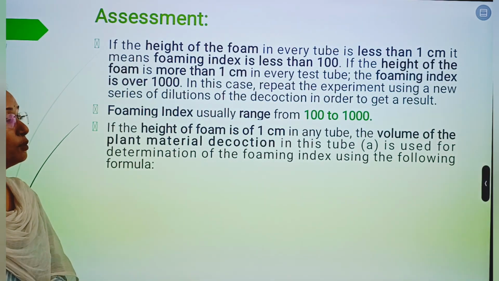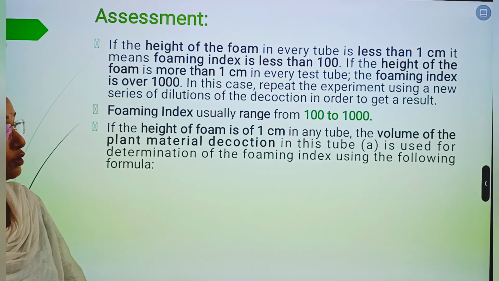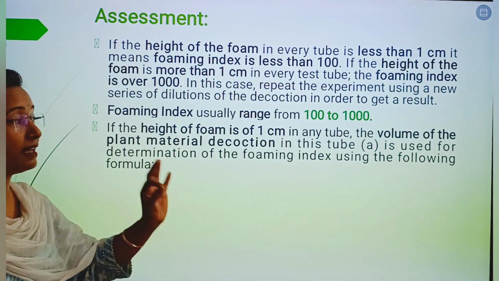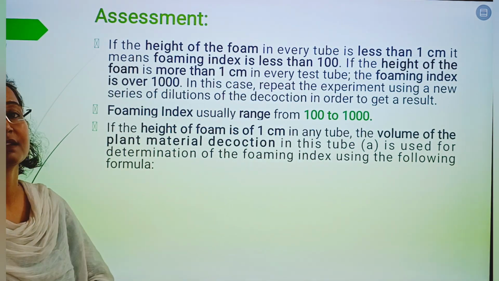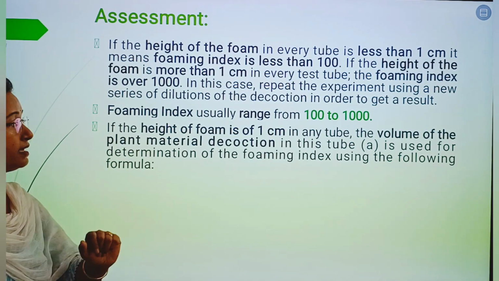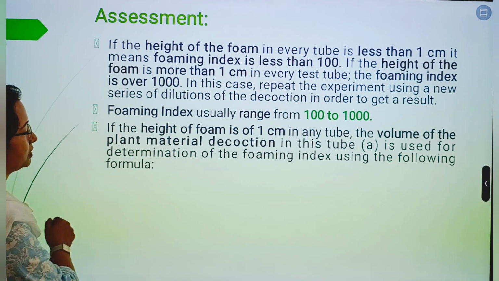If the height of the foam is 1 centimeter in any tube, the volume of the plant material decoction in that tube, let it be A, is used for the determination of the foaming index using the following formula.